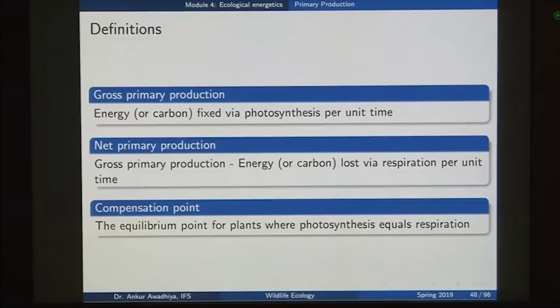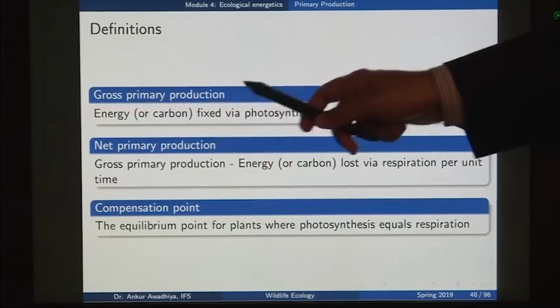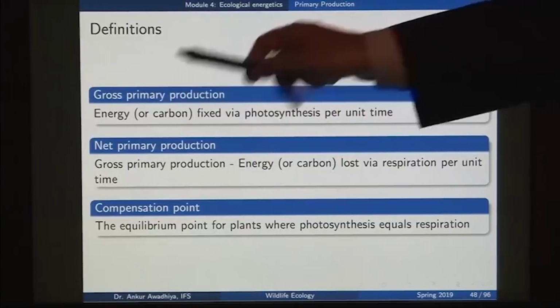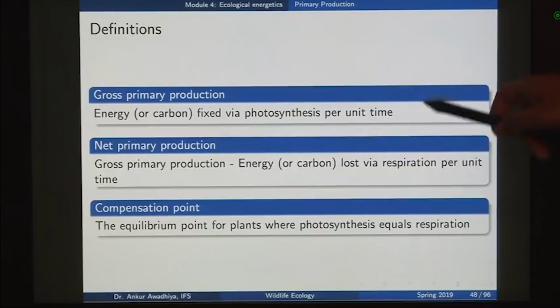Now, in some books we say that gross primary production is the energy or carbon that is fixed, and gross primary productivity is the fixation per unit time. So, this is a semantic difference that we see in some literature.